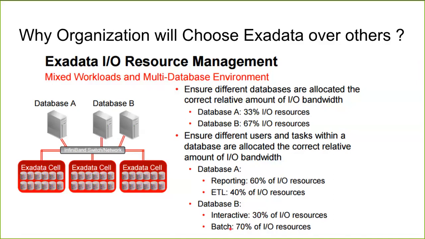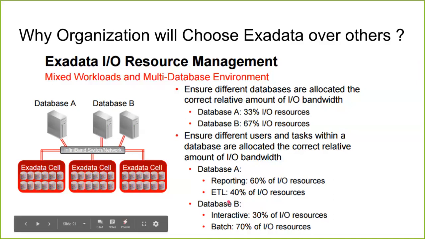But in Exadata, since the storage server and the compute servers speak the same language, they can transfer this information to your storage server and tell it 60% of the IO resource for reporting for database A. This is only possible in an engineered system.